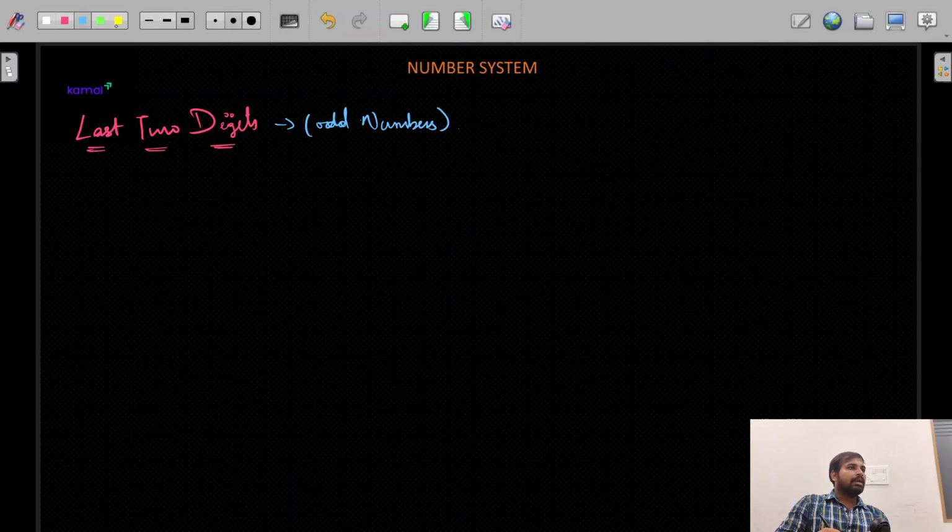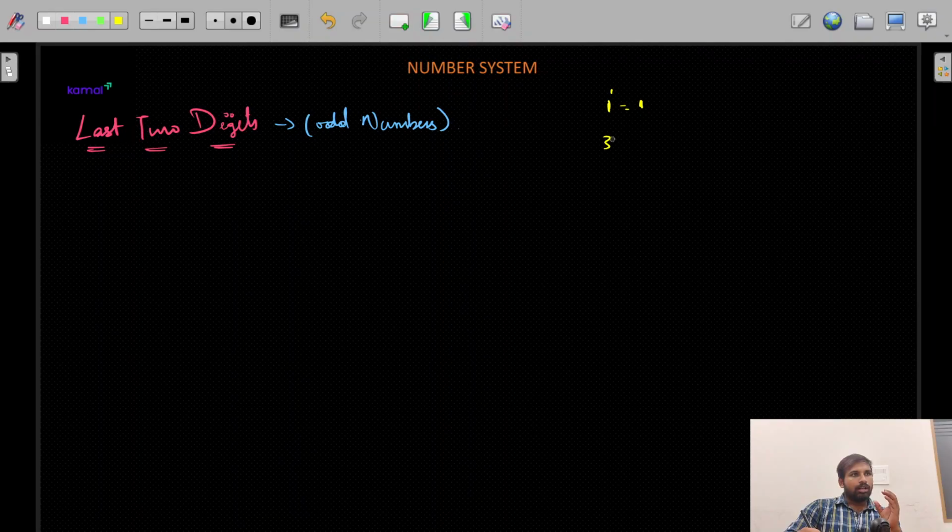The ultimate aim here is that for any odd digit, for whatever power, the result should end with 1. For example, 1 as base with any power always ends with 1. Let us consider 1 power 1, which is 1.